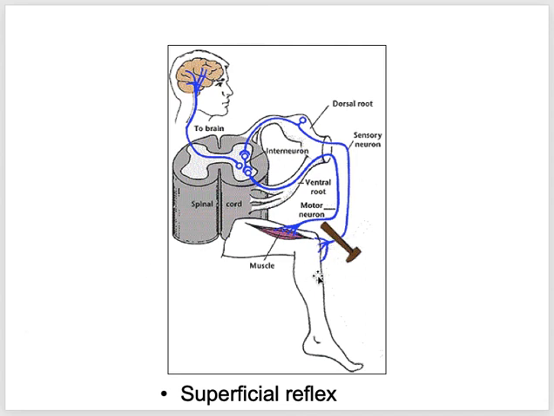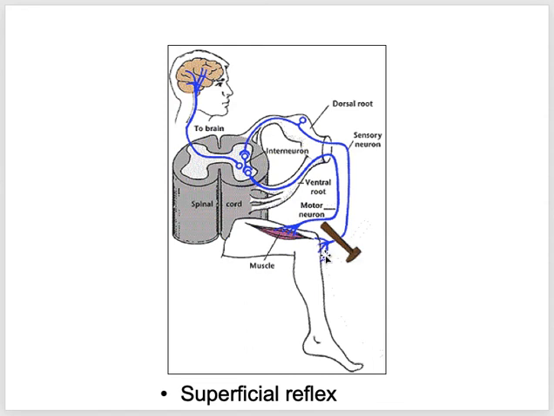See, you are hitting the triceps tendon with the hammer, and the sensory neuron is taking the information to the dorsal root of the spinal cord, and there is an interneuron connecting the sensory neuron with the motor neuron. This one is taking the sensation that there is a stretch.